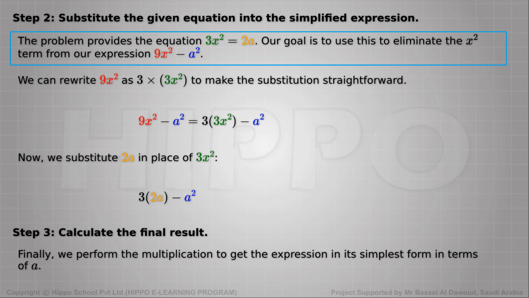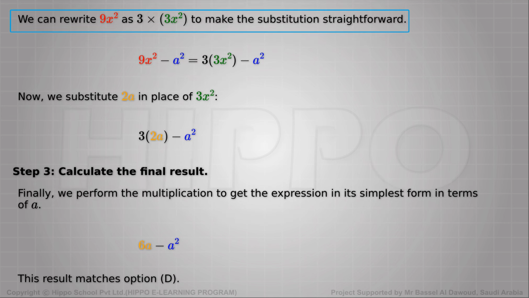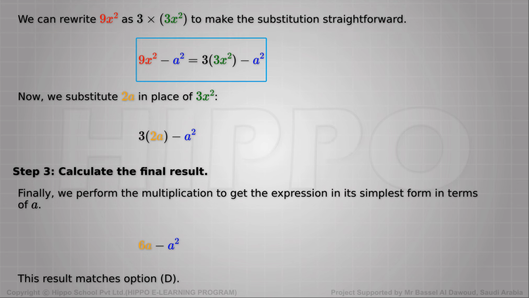Now we have the term 9x squared in our expression, but the equation we're given is for 3x squared. So how do we connect them? It's quite simple if we look closely. We can rewrite 9x squared as 3 times 3x squared. As you see in the equation on the screen, this sets us up perfectly for the substitution.